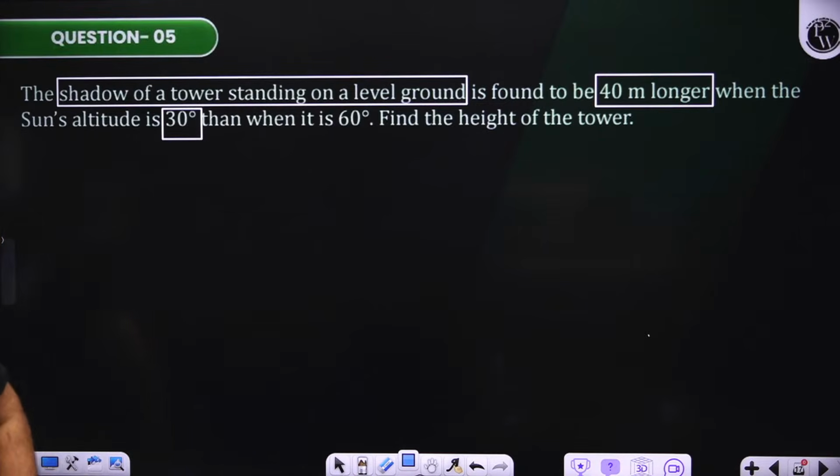I am giving you 2 minutes time. Analyze the problem. Draw the diagram. Diagram is necessary for this. For these types of problems, diagrams are necessary.